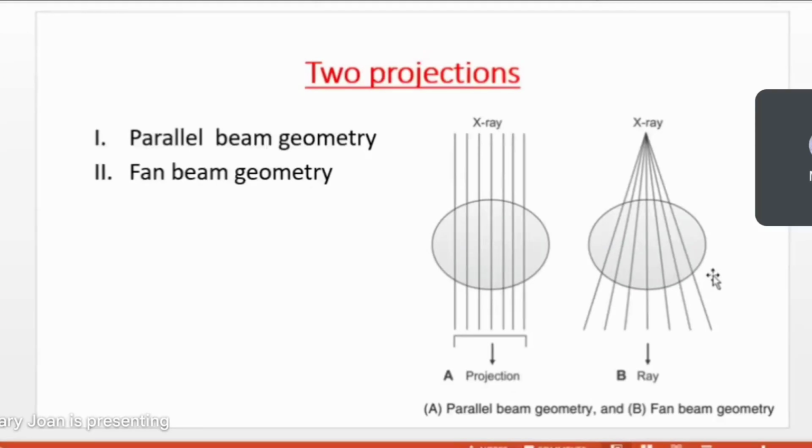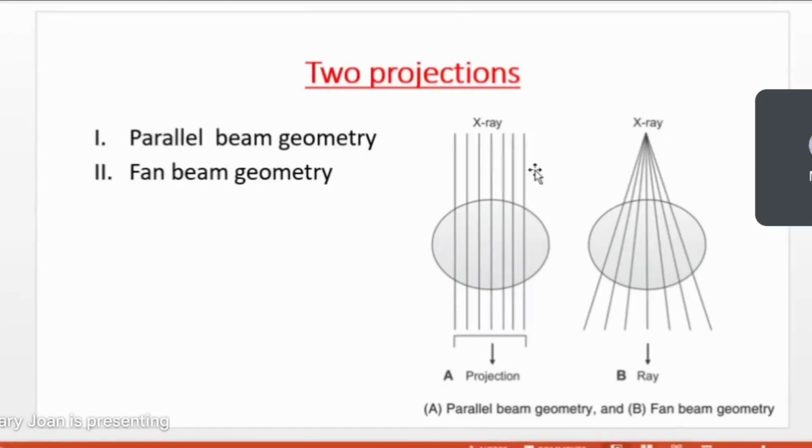The projections can be parallel beam geometry or fan beam geometry. The first picture represents the parallel beam geometry. Each ray is parallel to each other. In the second, we can see fan beam geometry. The whole thing is like a fan.